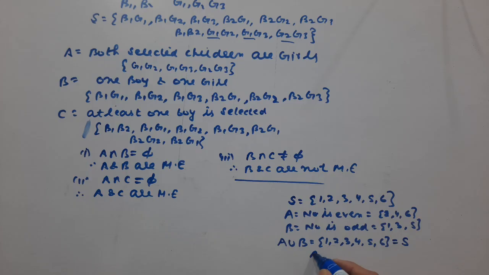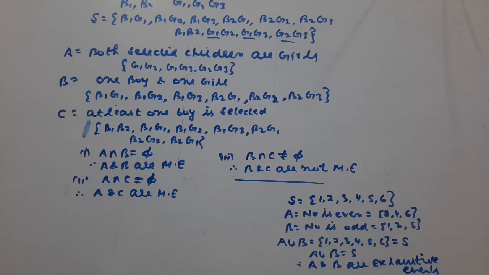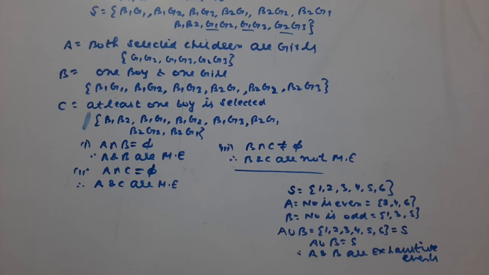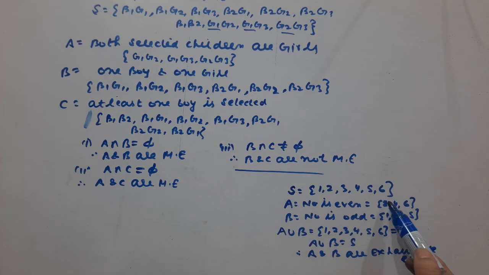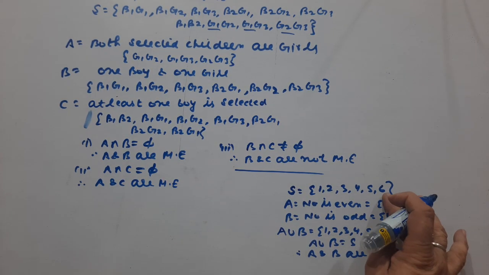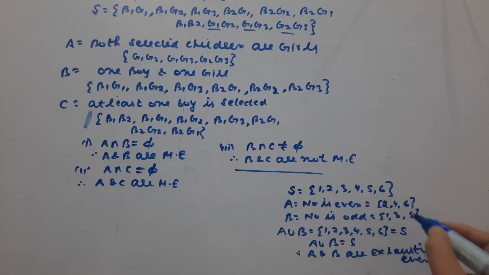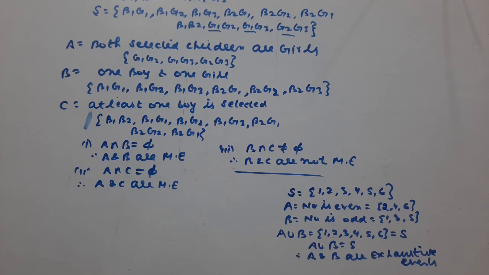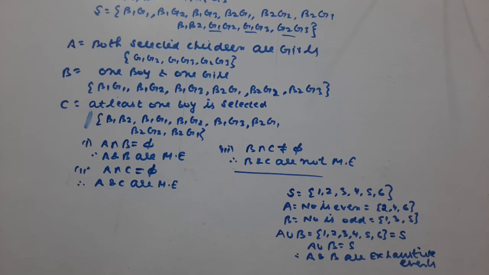So A union B is equal to the sample space, which means A and B are exhaustive events. There is nothing common between A and B, so A and B are mutually exclusive, and A and B are exhaustive events.